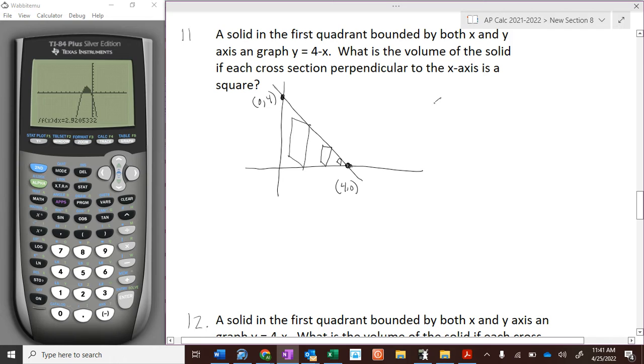Well, it's the integral from 0 to 4 of the function 4 minus x. That's the width of it. What's the height of it? 4 minus x, so it's 4 minus x squared, because it's a square. And to find the area of a square, you take the side squared. Dx.